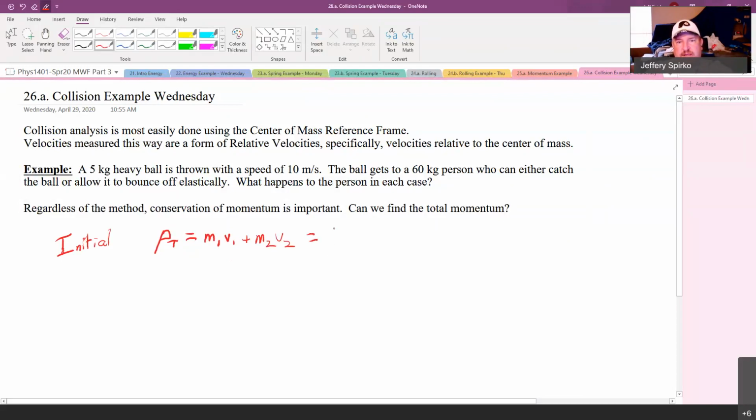So this would be the 5 kilograms times 10 meters per second plus 0 for the person, who I'm going to assume is initially at rest. And that gives me a value of 50 kilogram meters per second for the total momentum.